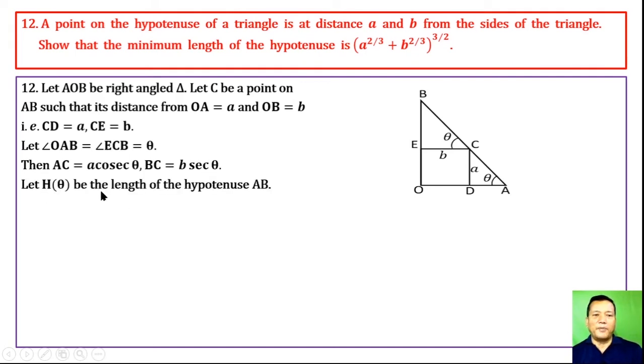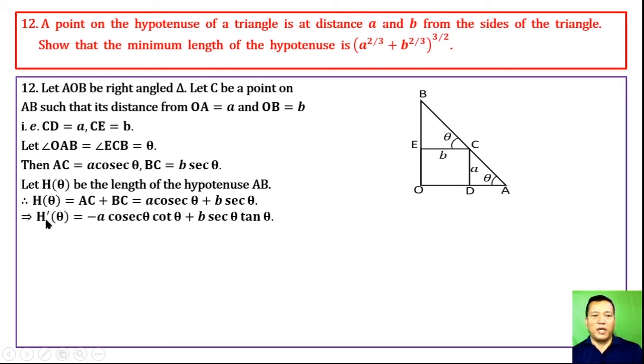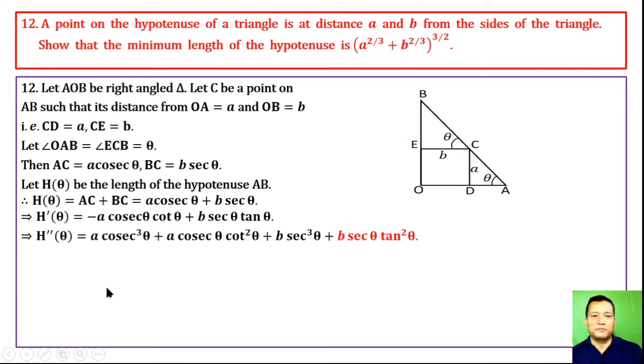Let l(theta) be the length of the hypotenuse AB. Then l(theta) equal to AC plus BC. AC is already equal to a cosec theta and BC is equal to b sec theta. Taking derivative with respect to theta, we get this, and its second order derivative we get this.